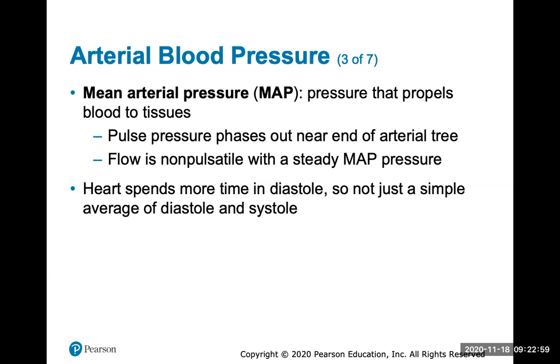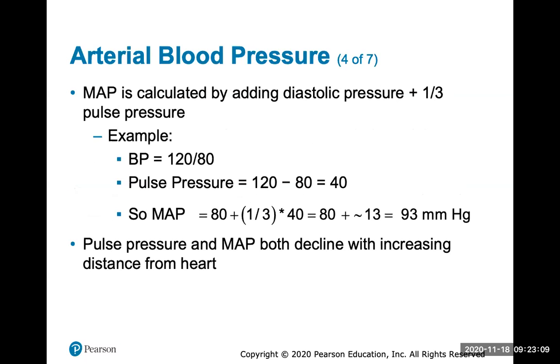The mean arterial pressure is the pressure that propels blood to the tissues. The heart spends more time in diastole, so it's not just a simple average of the two. This is how we calculate mean arterial pressure: diastolic pressure plus a third of the pulse pressure.